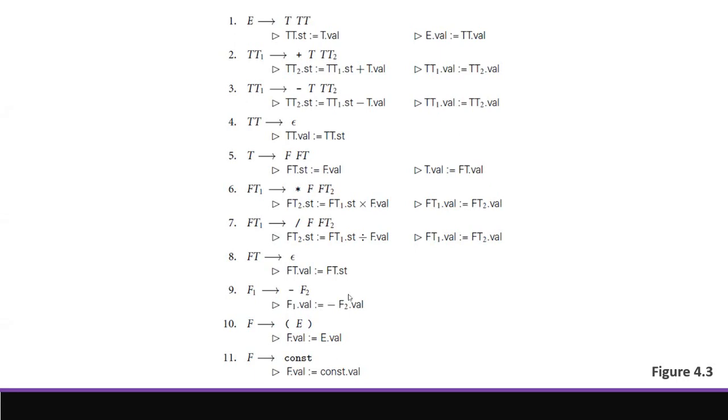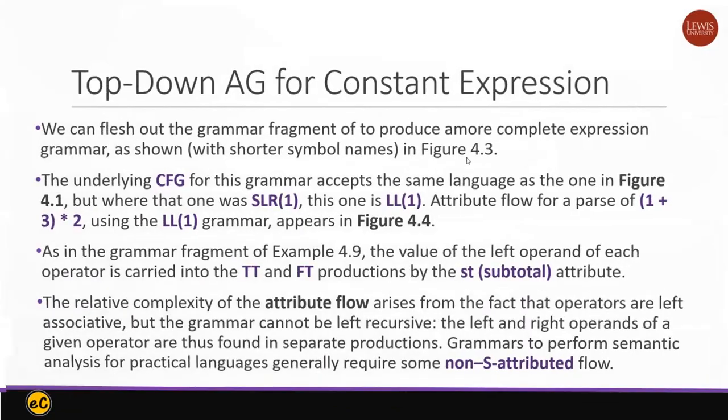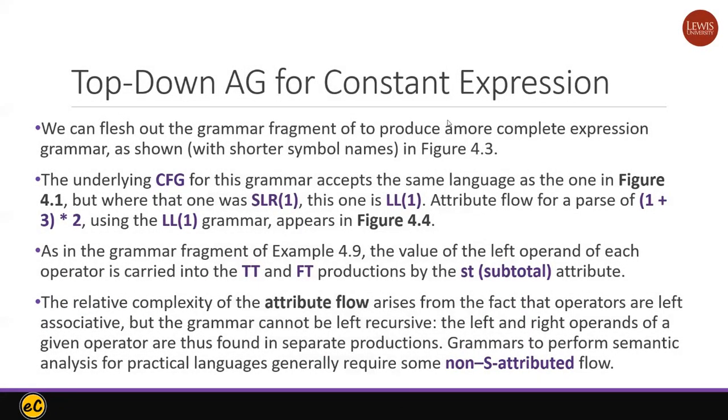Anyway, you do have two types of attribute you can write. No matter which type, when we evaluate, you need to follow the flow. That's called attribute flow.